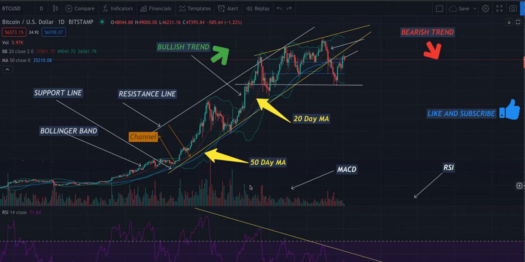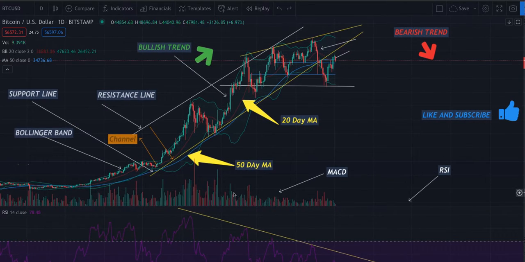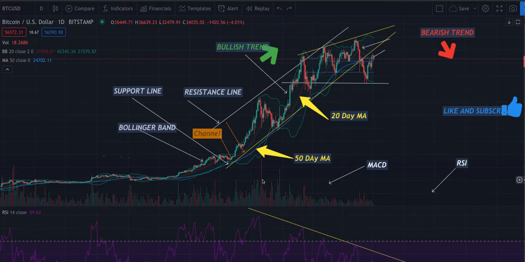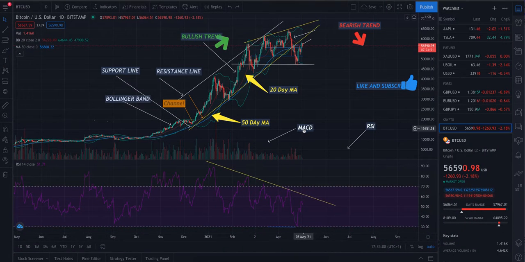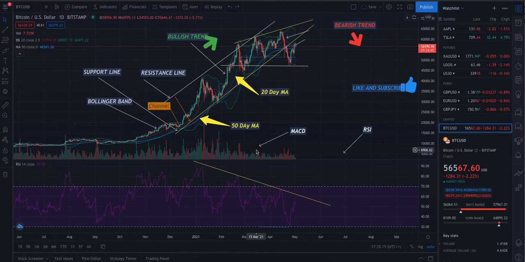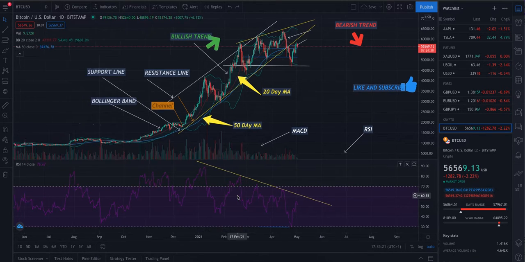So here you would see a big amount of selling pressure, here a big amount of buying pressure. It's just a visual form so you can see rather than looking at that. You've also got your, oh yeah, by the way, it's called moving average convergence divergence. You don't really need to know the name of it, but it's just basically a visual form of the buying and selling pressure. Then you've got your RSI at the bottom here, relative strength index.